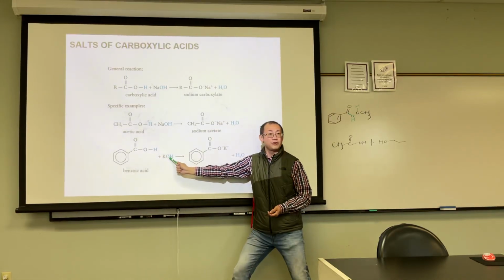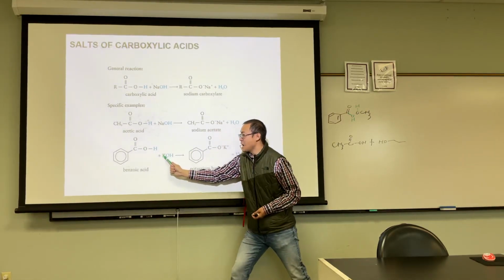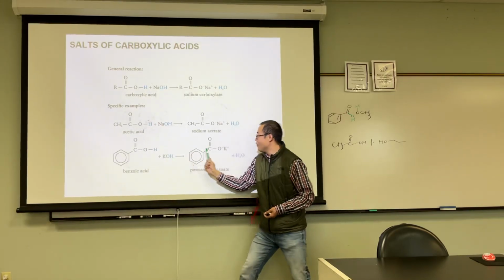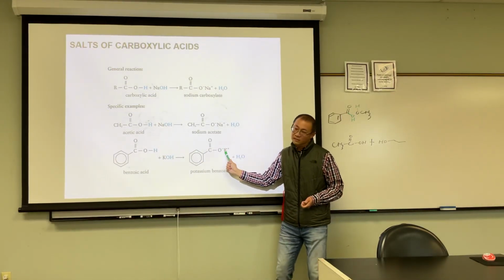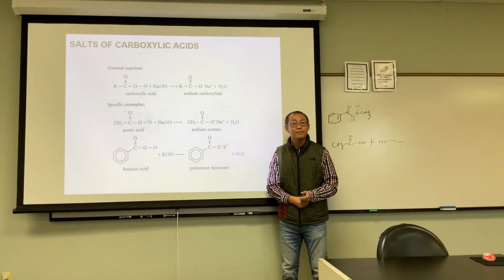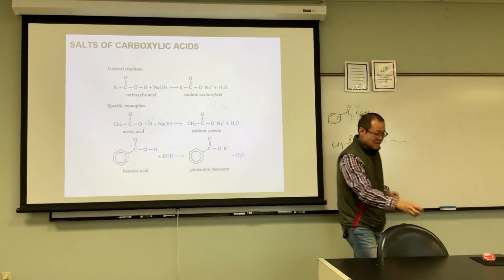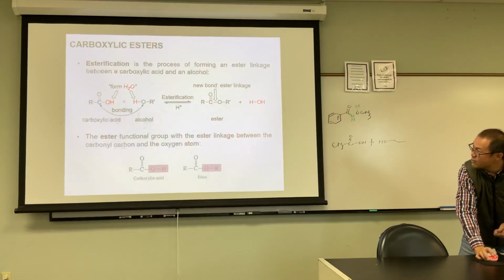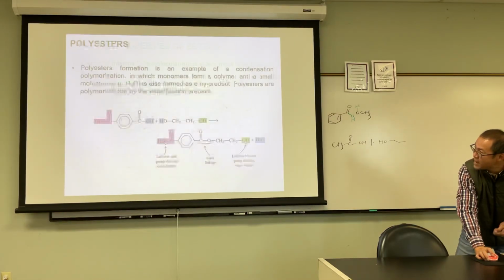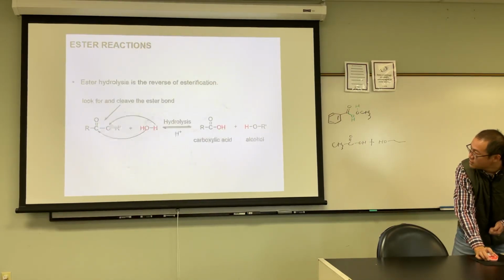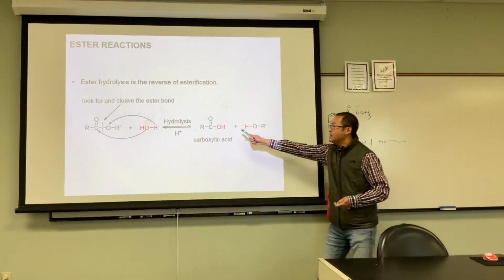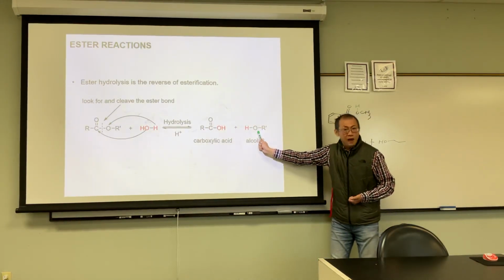Acid with a base, what do we get? COOH becomes COO minus and K plus. You see that? So for hydrolysis under basic condition, here is hydrolysis, you get acid and alcohol.